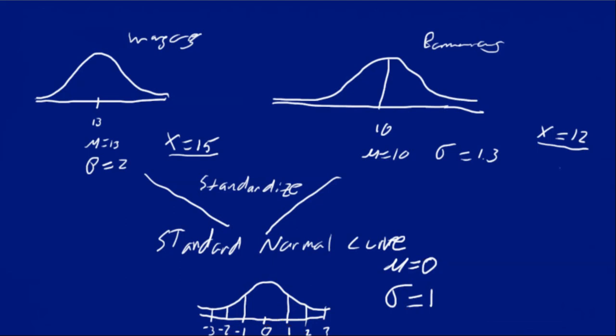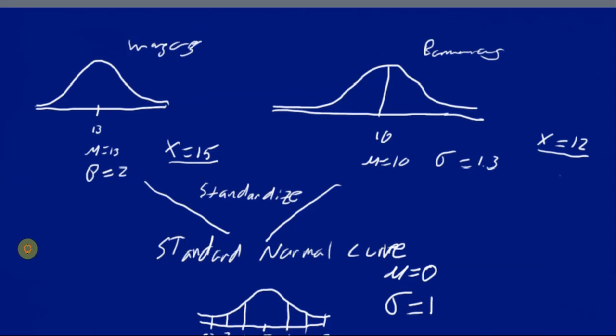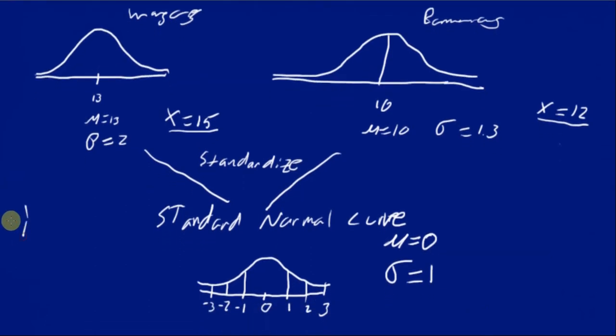So we're going to standardize these scores and take a look at them to see which one is the better rate. How we're going to do that is find the z-score. So z is equal to x minus mu divided by sigma. So that's going to be 15 minus 13 divided by 2, which is 2 divided by 2, or a z-score of 1.